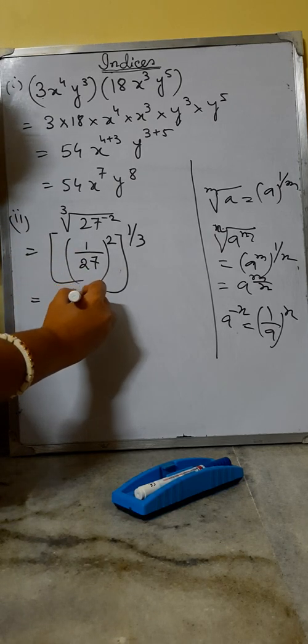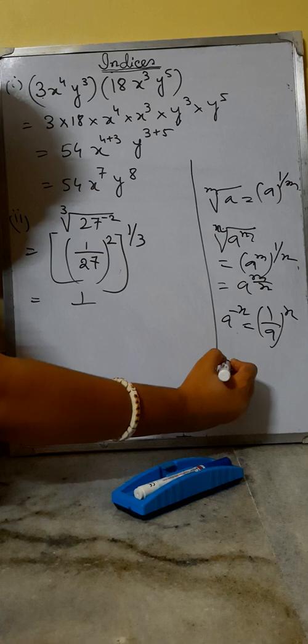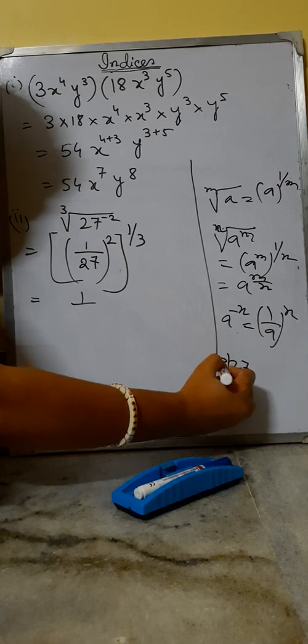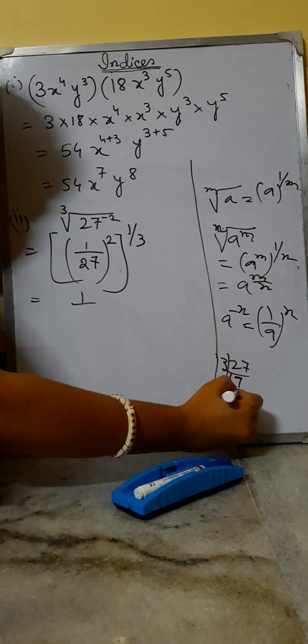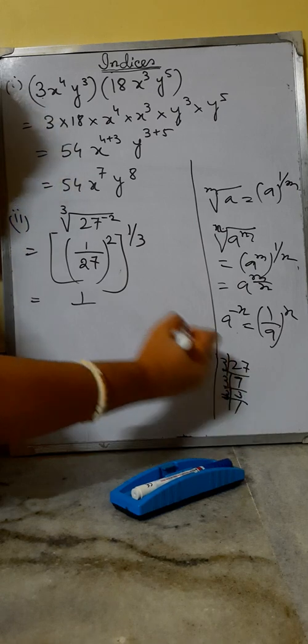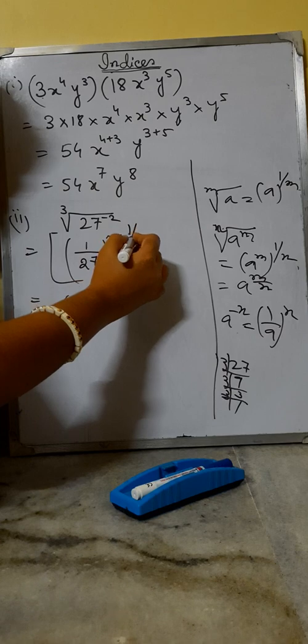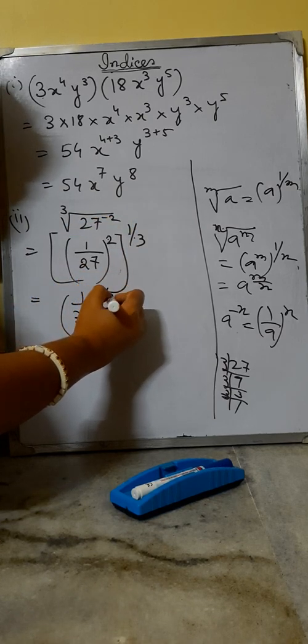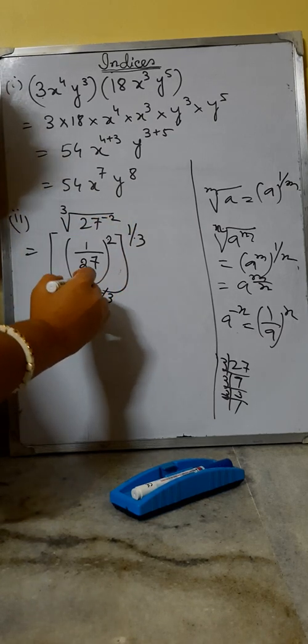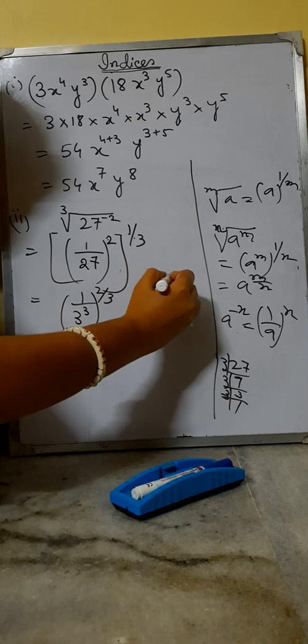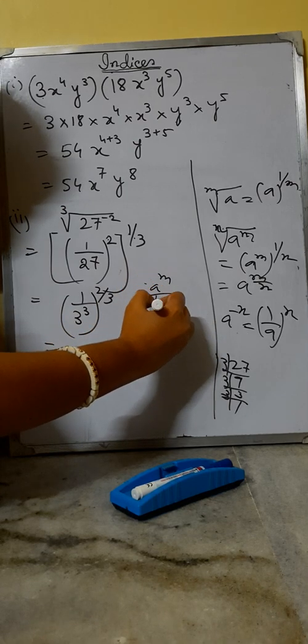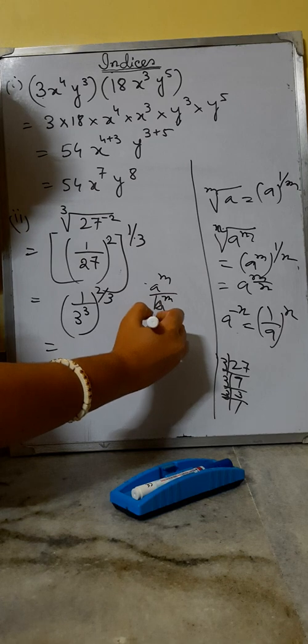Now 27 you have to write how? 27 means 3 9s are, 3 3s are, means 3 cube. 3 cube whole to the power, this power and this power are multiplied, 2 by 3. Now again, remember the law, a by b whole to the power m equals a to the power m by b to the power m.